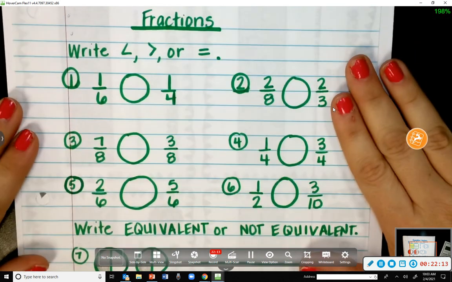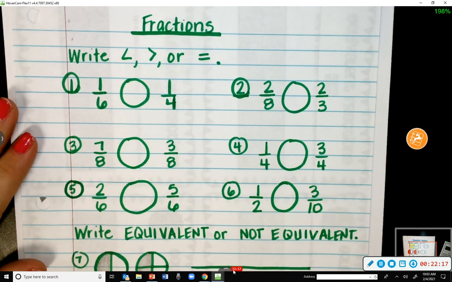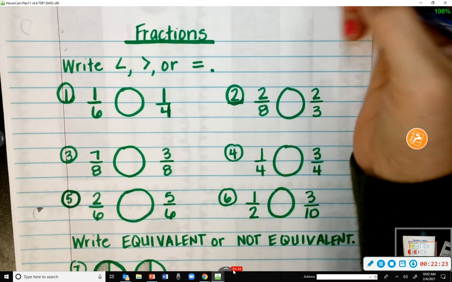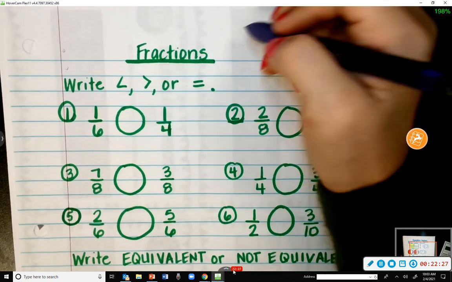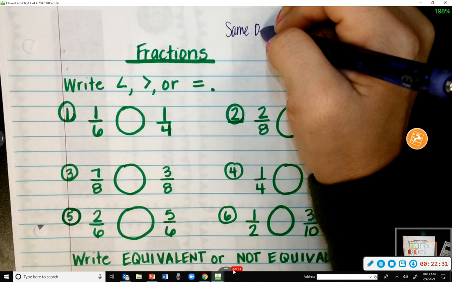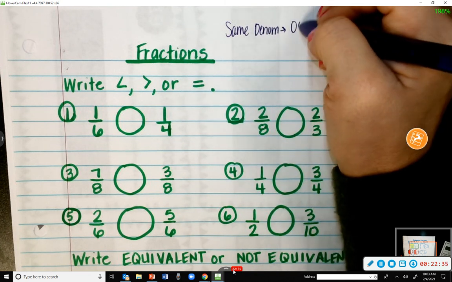Now let's go to the top part. We're comparing fractions. So what have we learned when we're comparing fractions? If the denominators are the same, we look at the numerator. So same denominators, look at the numerator.